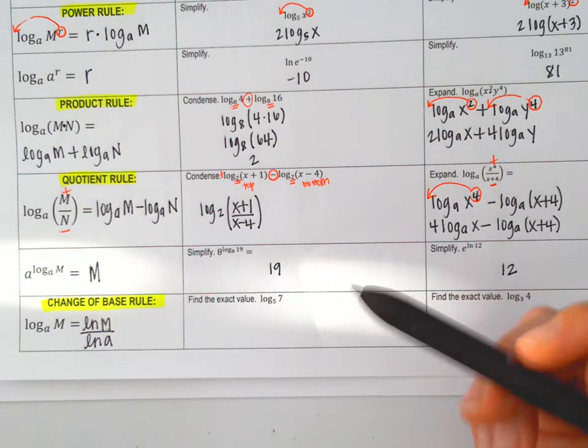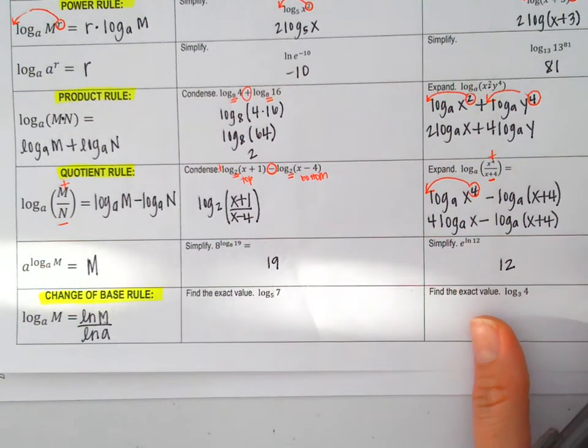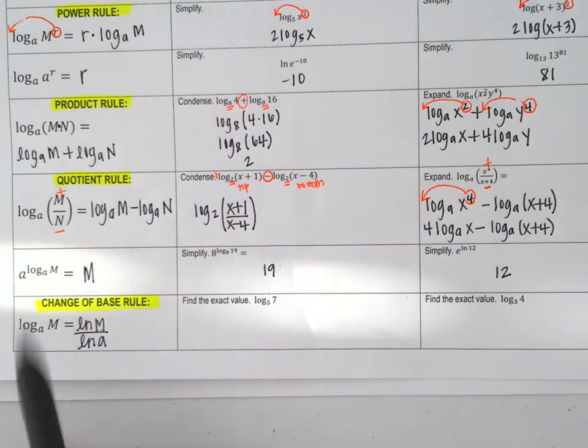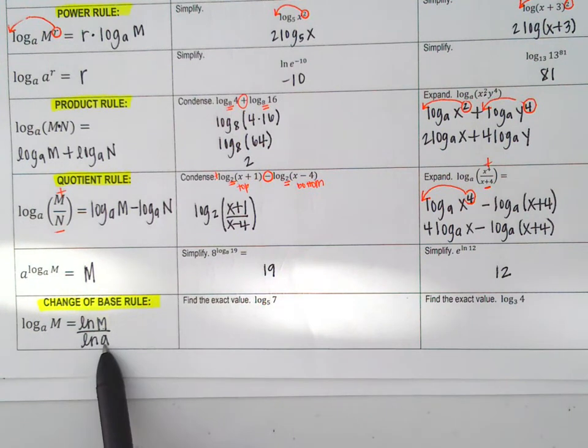But how I caught myself that I was not doing it right is because of my embarrassing way to remember this. My embarrassing way to remember this is you always have to remember to drop the base. And the base is a, and you got to drop it. So you got to drop the base to the bottom, and it goes to the denominator.